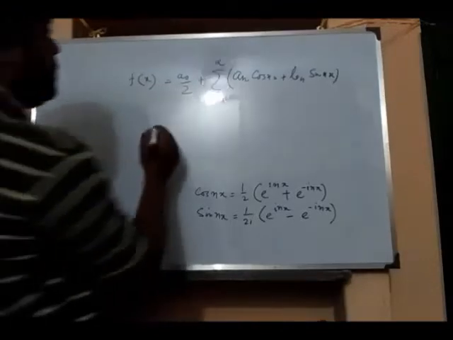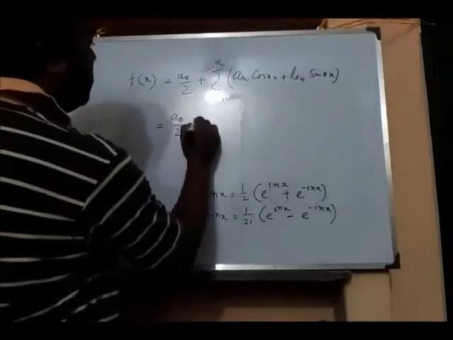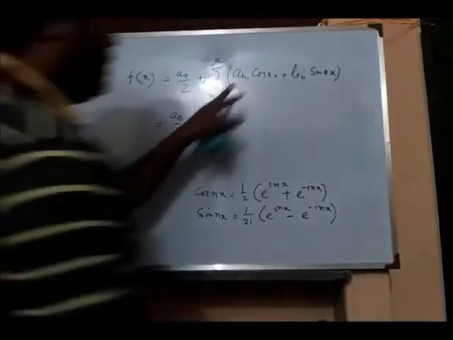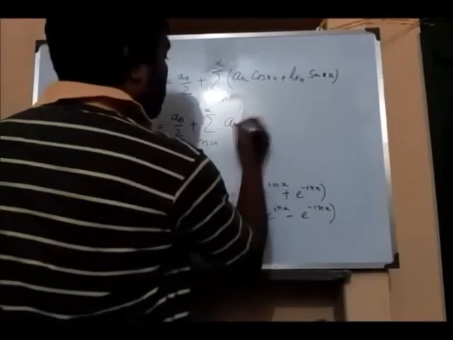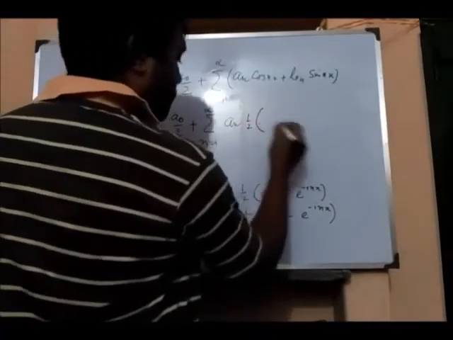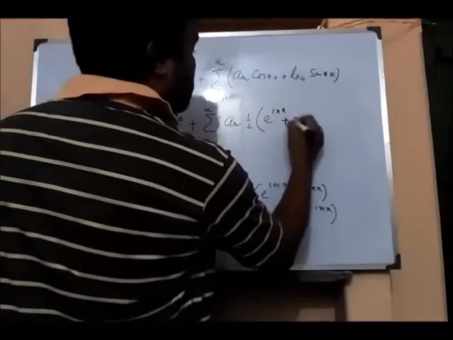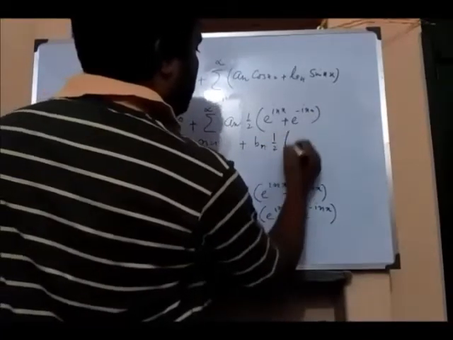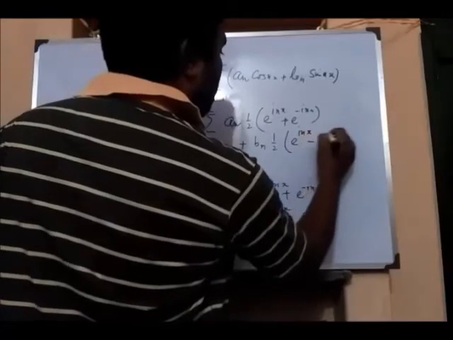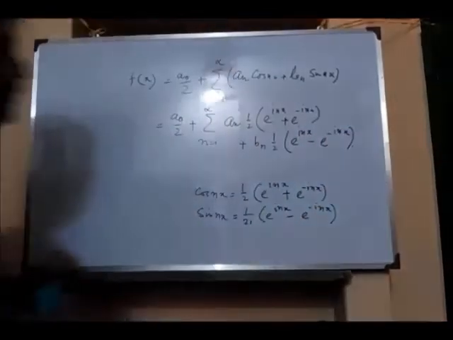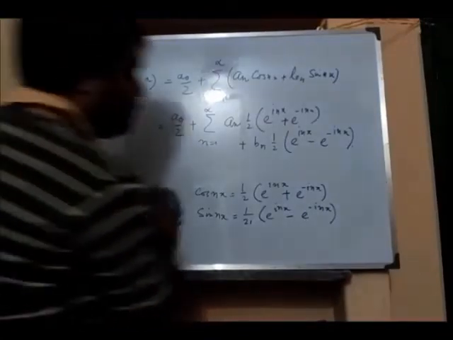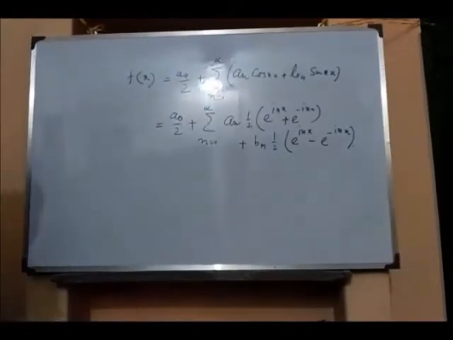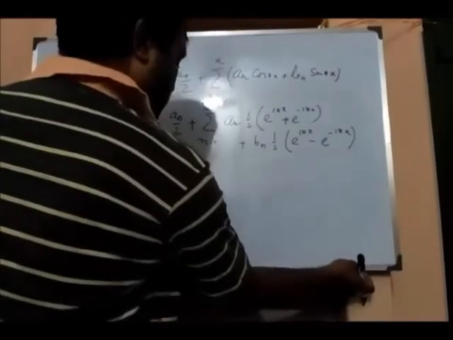So the Fourier series becomes a0 by 2 plus sum over n equal to 1 to infinity, an into half e to the power i nx plus e to the power minus i nx, plus bn into half e to the power i nx minus e to the power minus i nx. Right?